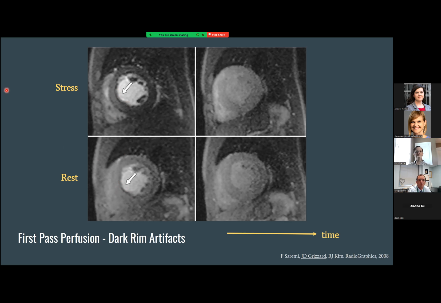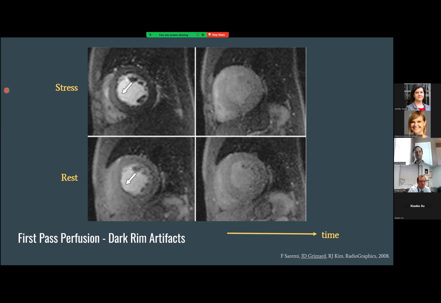And the general rule of thumb is that if the defect persists through at least 3 heartbeats, extends into the myocardial muscle, and is conspicuous during stress, more at stress than rest, we would consider it to be a true perfusion defect instead of a darkroom artifact.